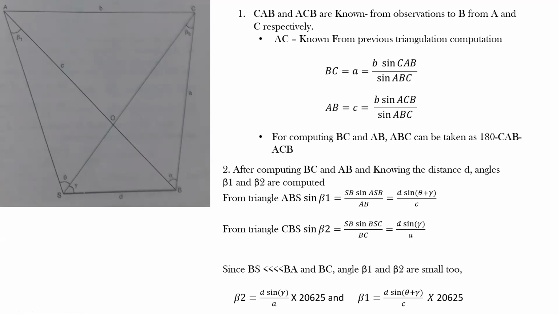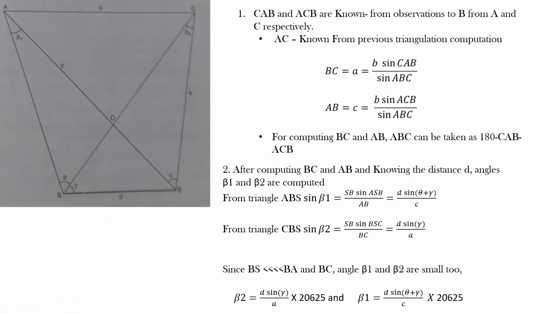That is nothing but D into sine of gamma divided by A. When I compare the distance of AC, AB and BC, the distance SB will be very small. Since the distance D itself is very small, the angle subtended at the base will also be very small. That is, beta 1 and beta 2 will also be very small.